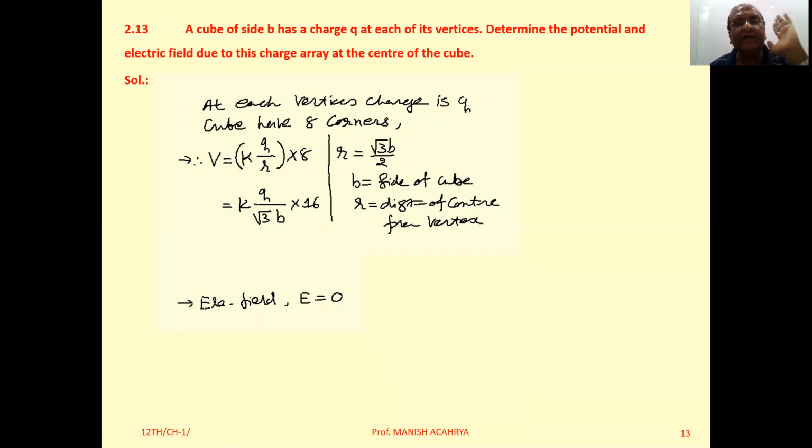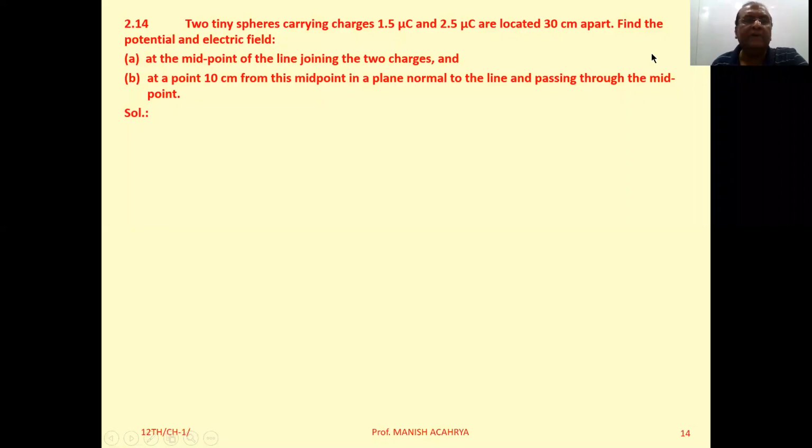So the resultant electric field at the center will be equal to 0. Clear to all of you?